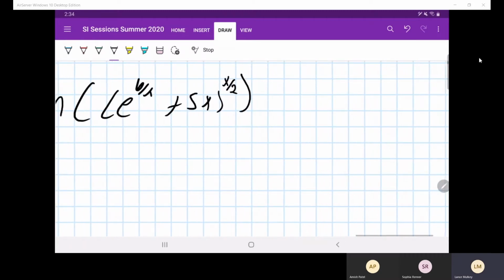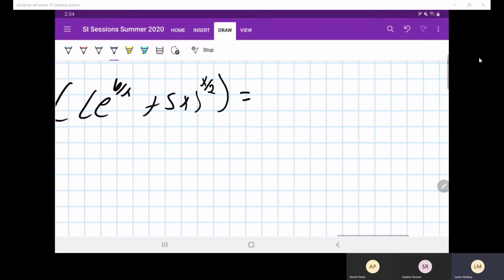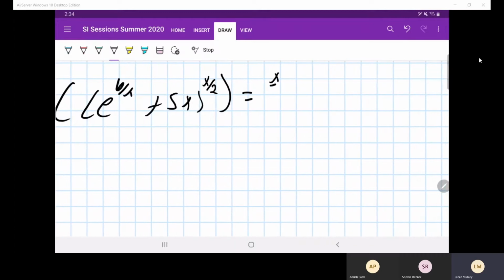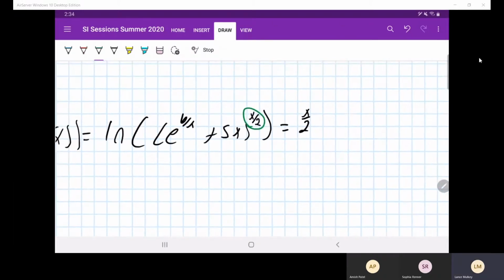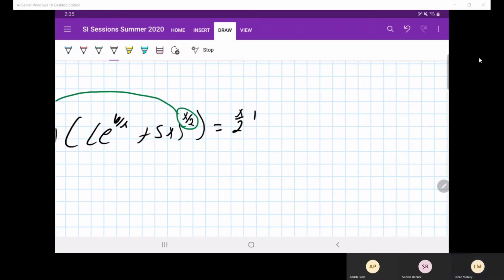All right. And working my way sideways, that equals x over 2 because that exponent can be moved up front. Sure, log rules. Natural log of e to the 6 over x plus 5x.